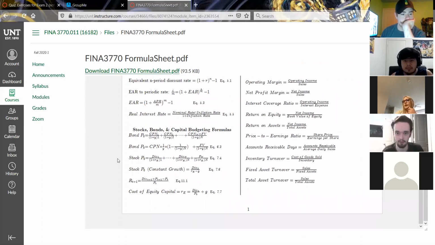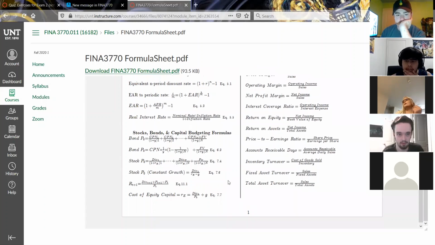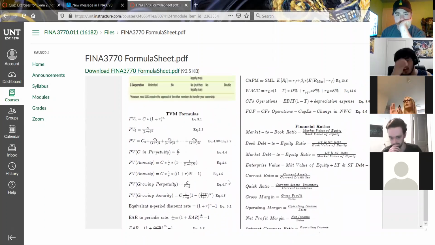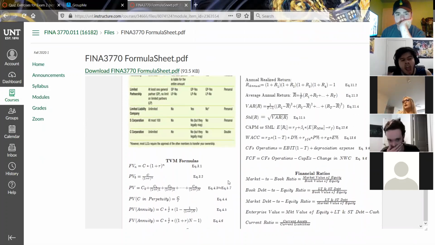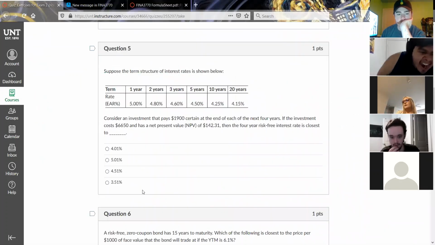It does look familiar. And then we just add them all together. So we're doing that multiplication and adding each of them together. You do that for year 1, 2, 3.